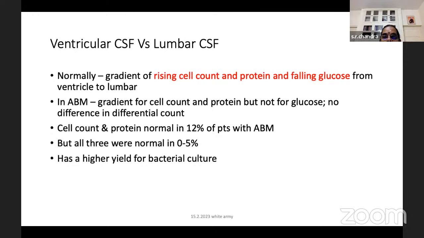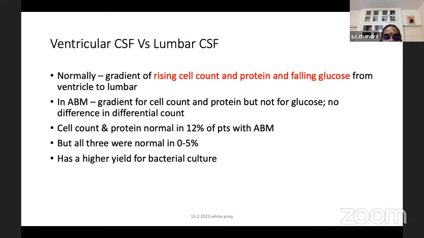In bacterial meningitis, this gradient will be tilted for glucose, and the differential count remains unaltered. Cell count and proteins are normal in 12% of patients with acute bacterial meningitis, but all three were normal in 0 to 5%.